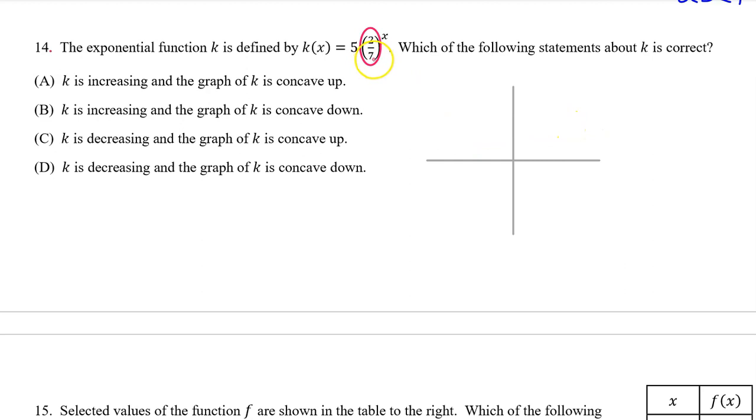Because the b value is between 0 and 1, the curve should be getting closer and closer to 0 as we move from left to right. So this graph is decreasing and concave up, right? It's the left side of kind of a bowl shape, so you know it's going to be concave up. So the answer is C.